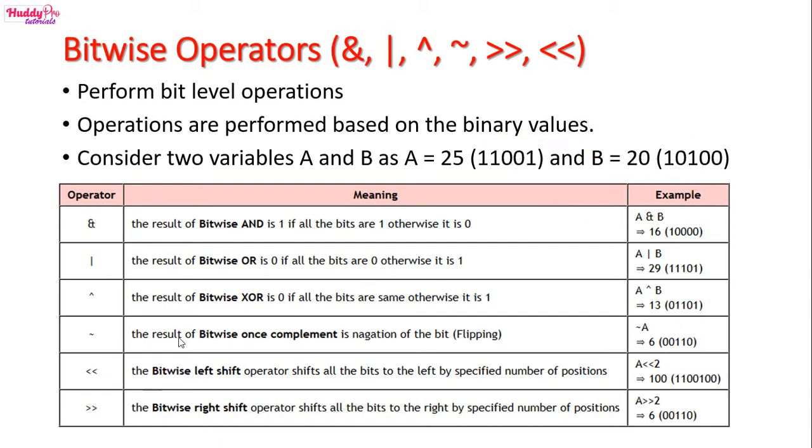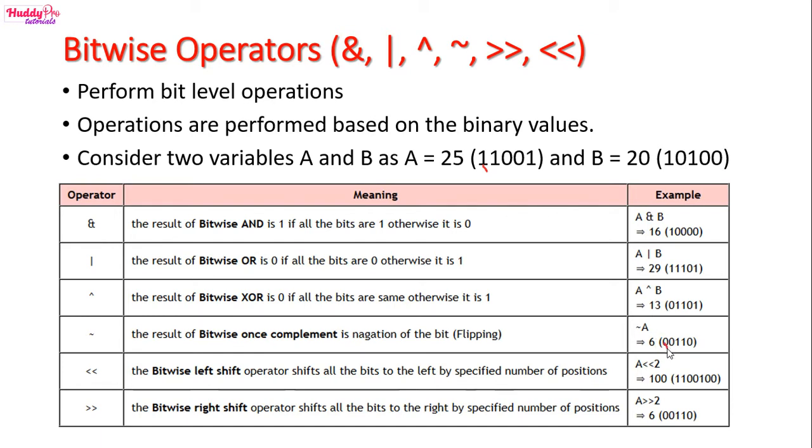Then you have the bitwise ones complement. This is a negation of the bit. For example, we use this symbol and we negate variable a. A is 11001. The negation is the inverse, the opposite. So the 1 will become a 0.